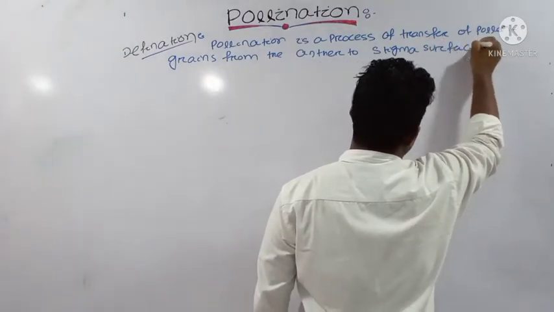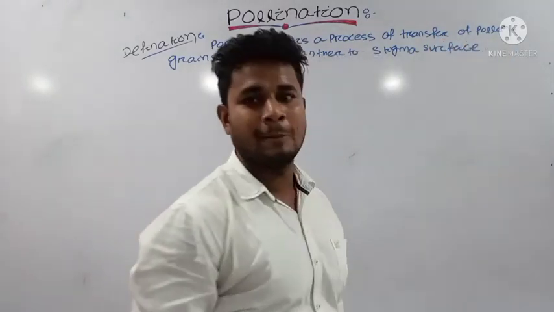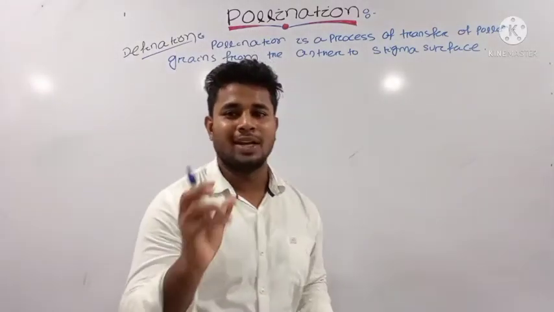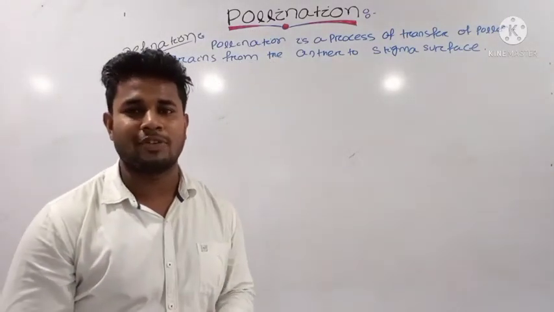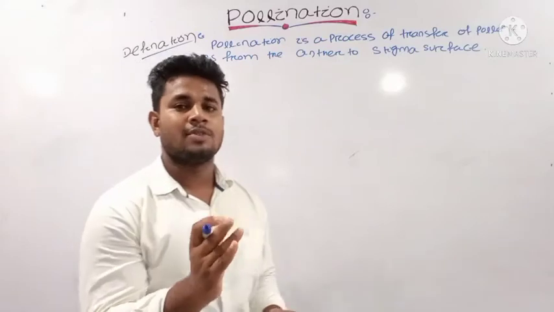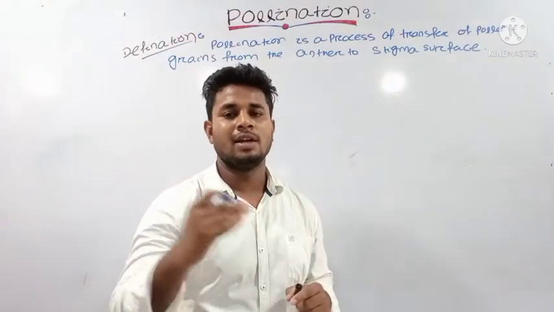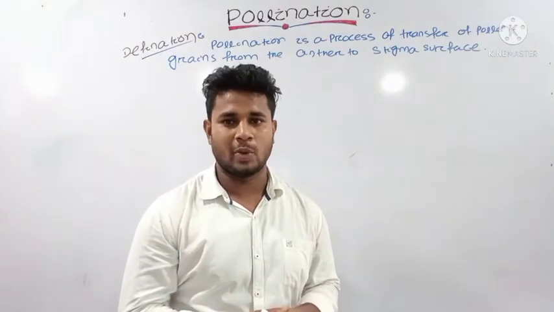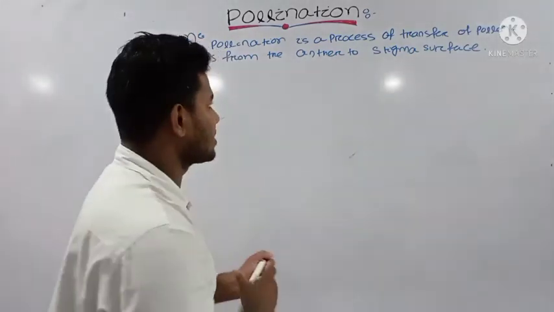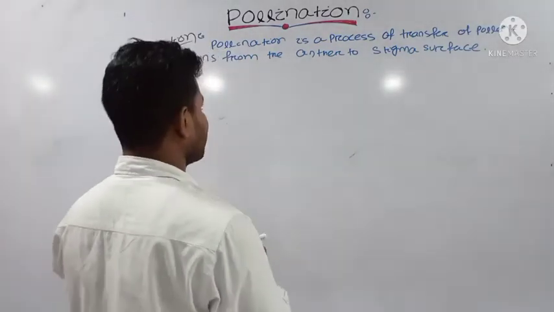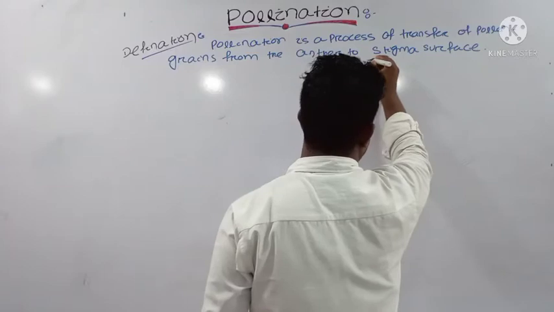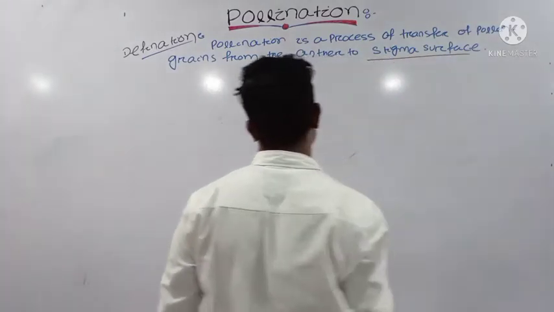This is the basic definition: the pollen grain, which is the male gametophyte, is transferred from the anther and falls on the surface of the stigma of the female part. This process is called pollination.